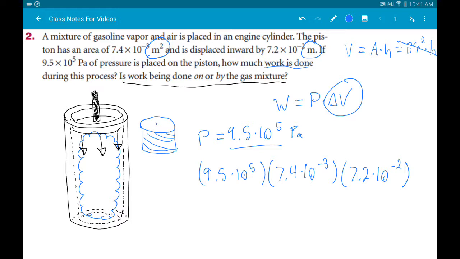That multiplication gives us the volume, and so that will give us the work. That turns out to be around 500 joules of energy. I'll write it down: 506.16 joules of energy. And that's it. That's all that we have to do for this problem. So the first section should be fairly straightforward on how to work some of these problems.